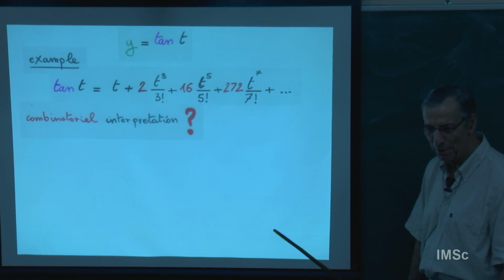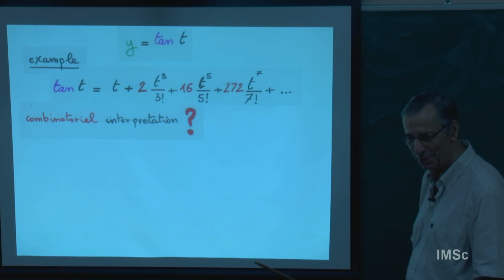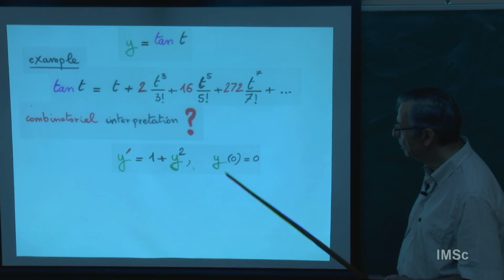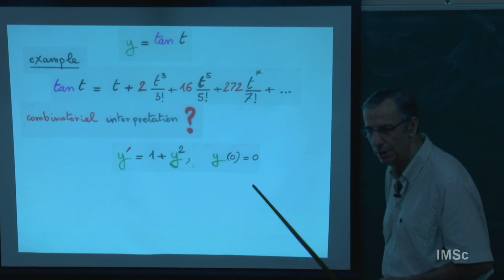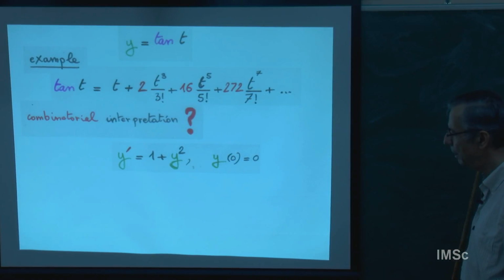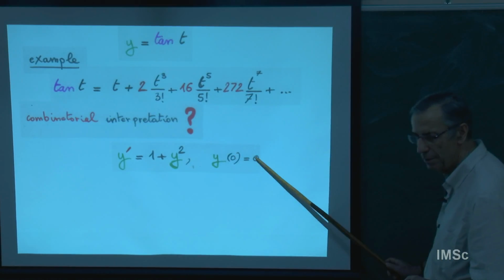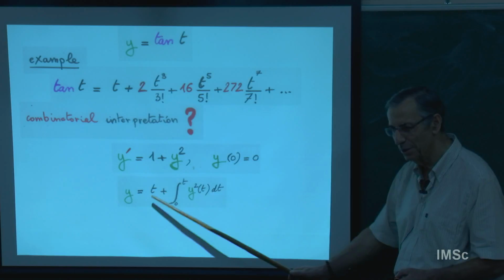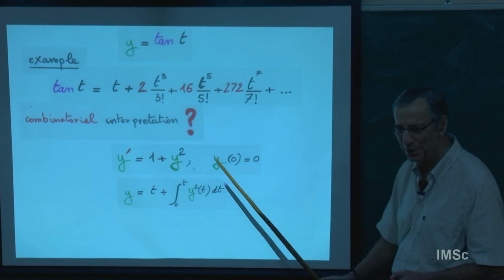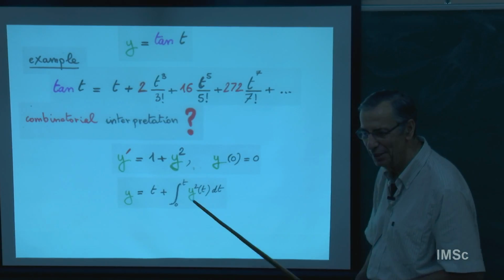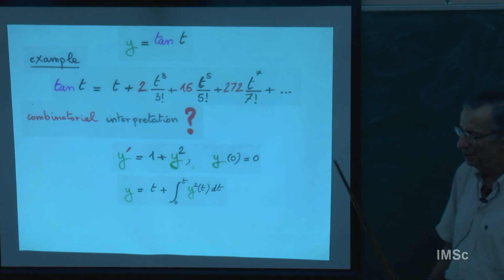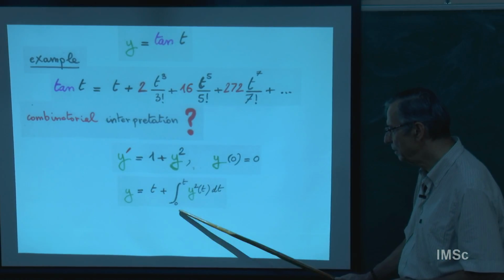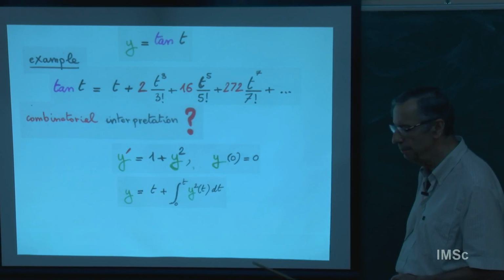And using the power of species, we are going to automatically get a combinatorial interpretation. So tangent t can be defined by a differential equation, y prime equals 1 plus y squared, with this initial condition, which is nicer for what I am going to do if we write it in an integral form: y equals t plus the integral from 0 to t of y squared dt.